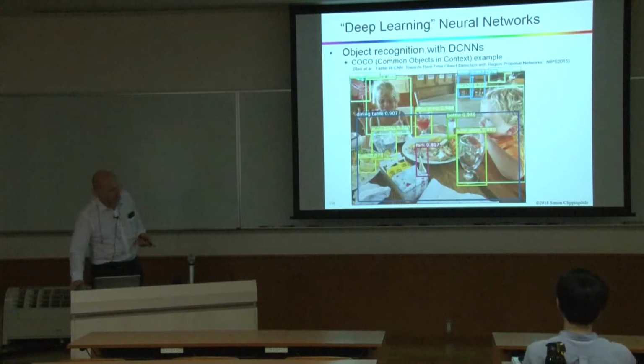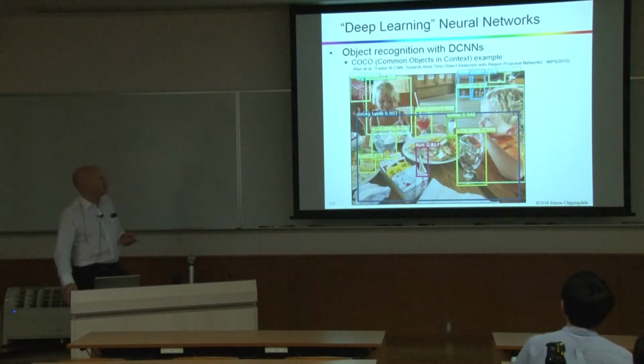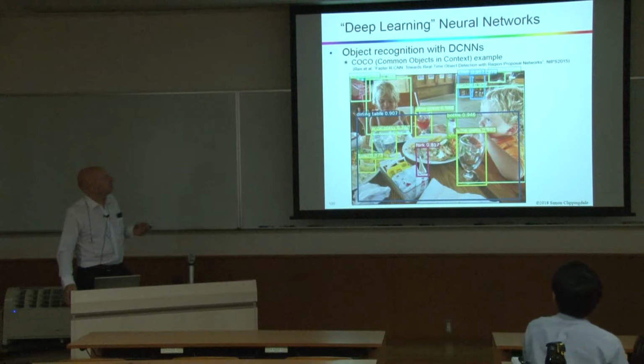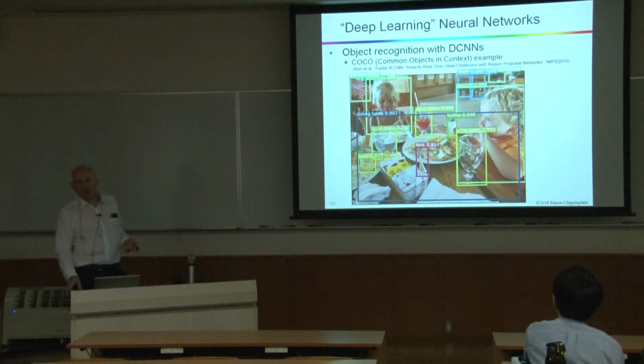Okay. So here's a typical example output on this COCO data set. This is from this group, who did this real-time object detection with region proposal networks. And this was a deep learning network that really tackled the problem not just of spitting out object labels, but specifying exactly where each object was in the image.